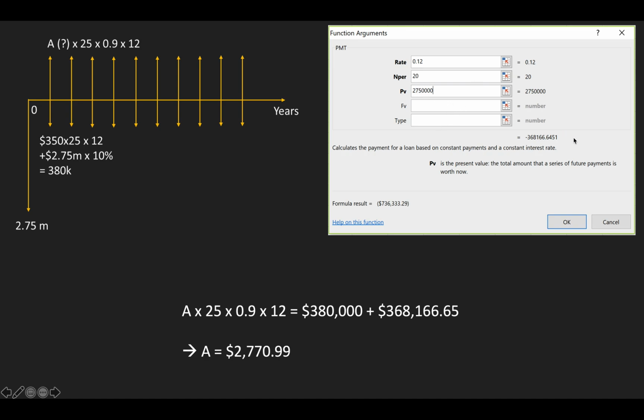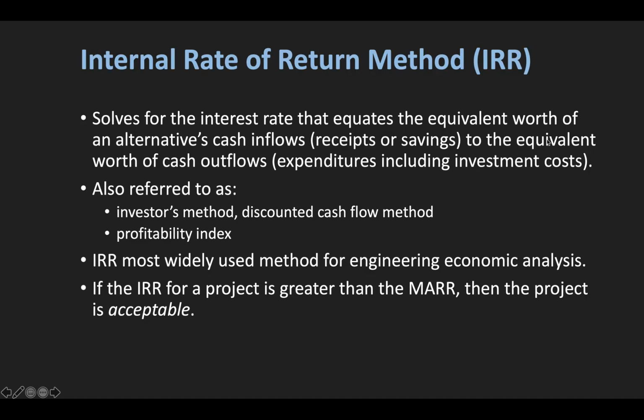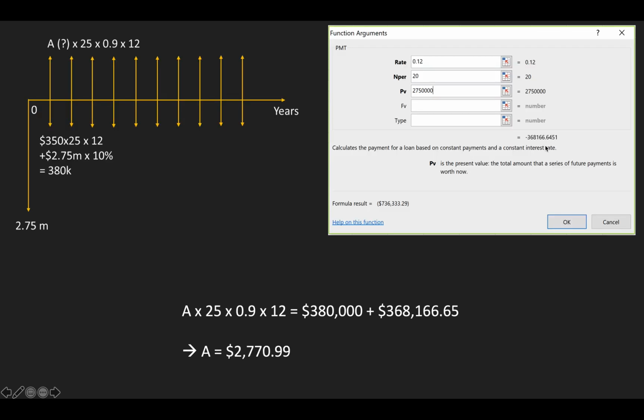And then when I put it in, it gives me the cost per year, which is actually negative $368,166.65 something, right?